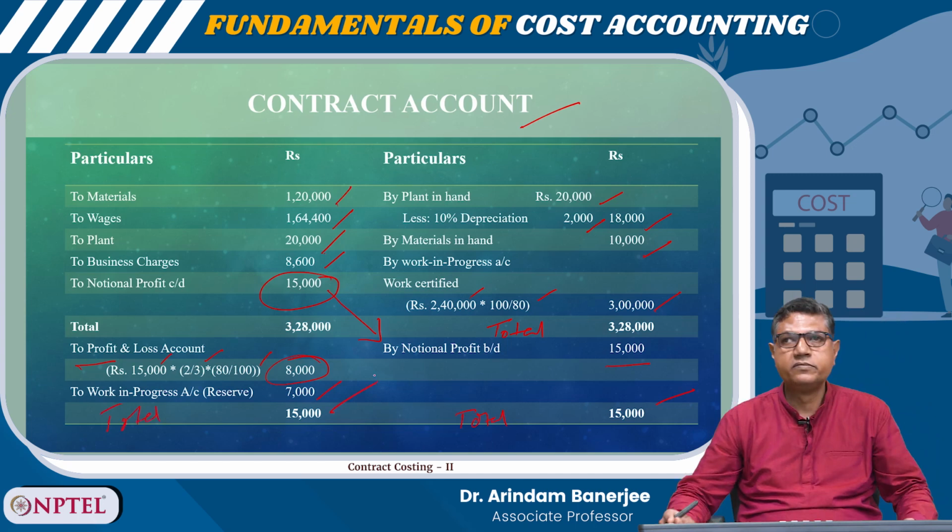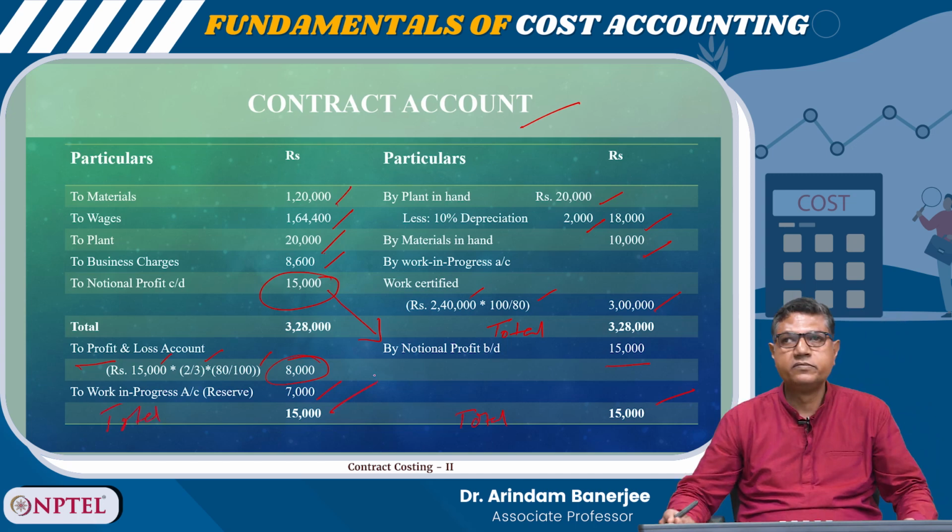We already calculated the estimated total profit, which is 40,000, into value of work certified 2,10,000, divided by the contract price 2,80,000, into cash received 1,68,000 divided by work certified 2,10,000. If I calculate, I will get rupees 24,000, which is to be transferred to the P&L.